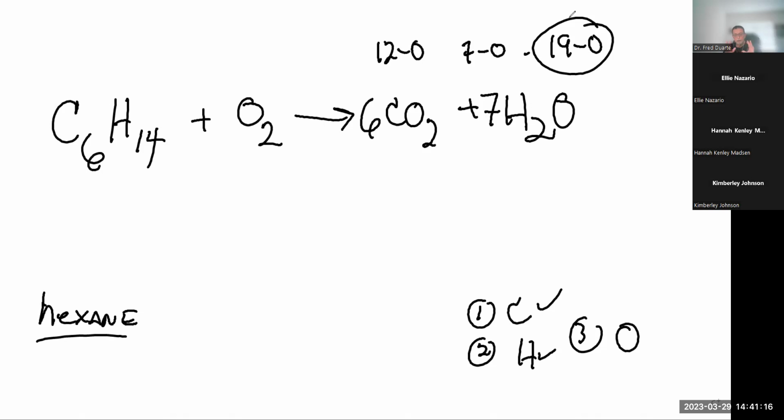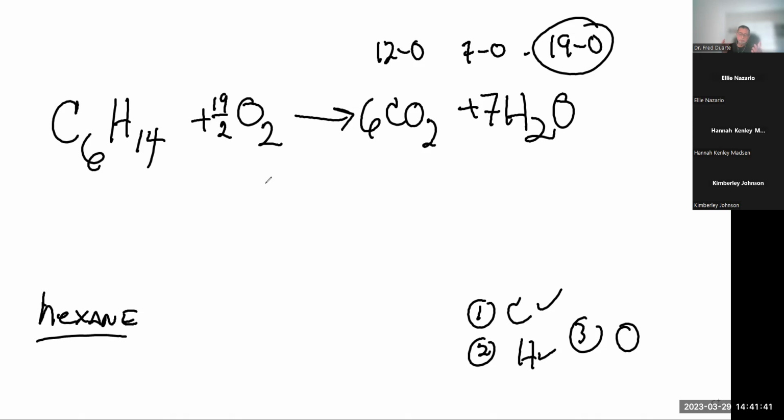Okay, but no problem. What we want is, notice oxygen is diatomic, obviously. So we only need half of the oxygen atoms in 19. So if I had 19 halves of oxygen, that will balance my oxygens, okay?